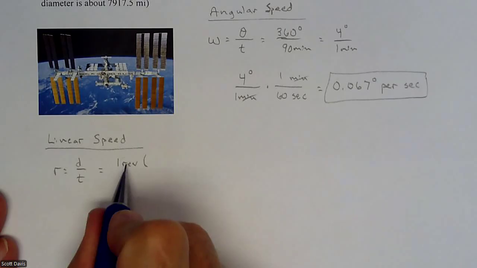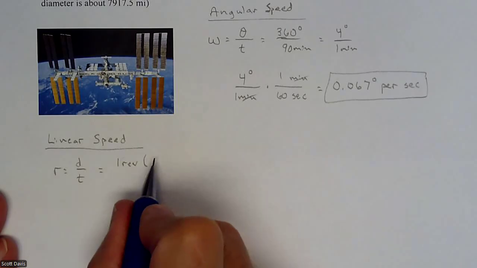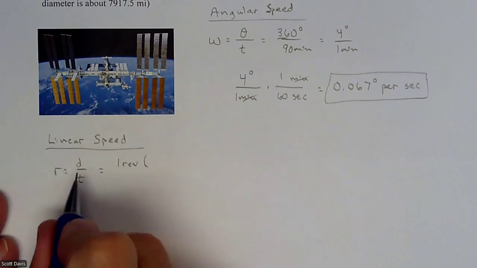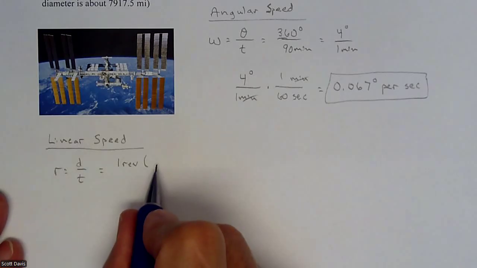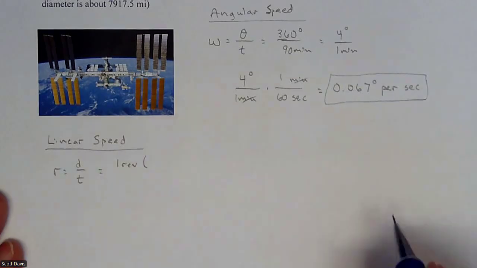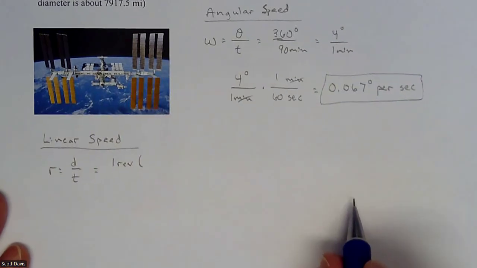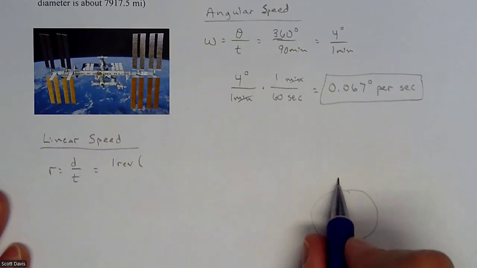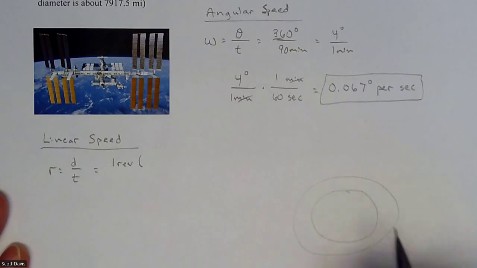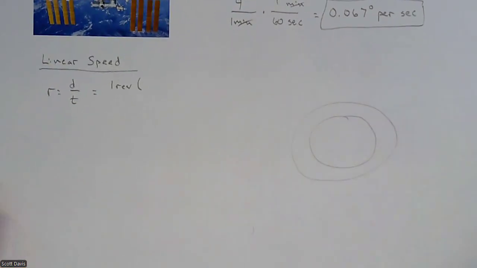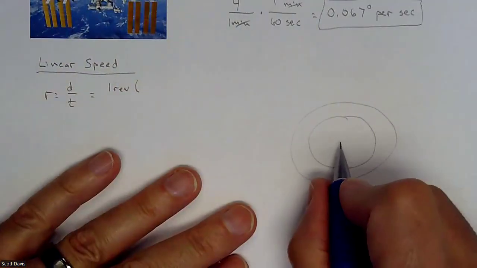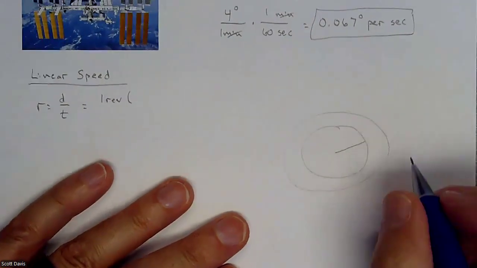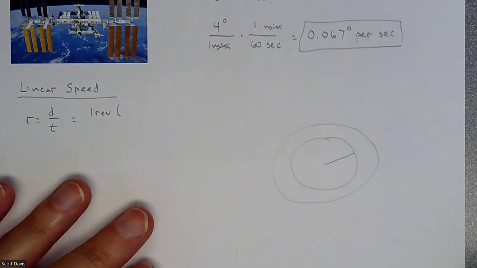I just need to know how many revolutions and how big one revolution is because I need a distance measurement. So we're talking about one circumference essentially. So we have Earth, and then we have the International Space Station that is floating around. So we need a circumference measurement on this.